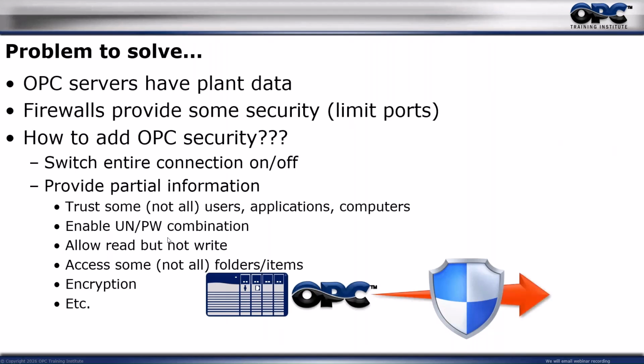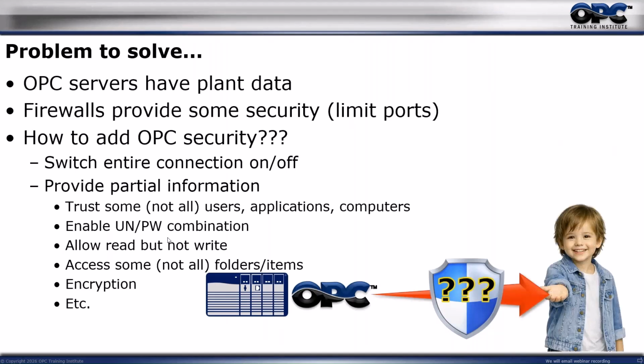So the question is, how do we add OPC security very specifically? For example, you need to be able to turn the entire connection on or off. And by the way, most OPC servers can do that. The difficulty most have is to provide partial information. For example, how do I trust some, but not all of the users? How do I trust some, but not all of the applications?